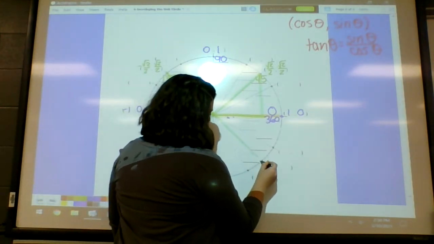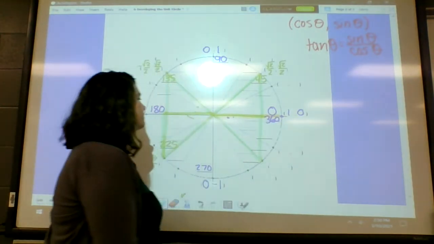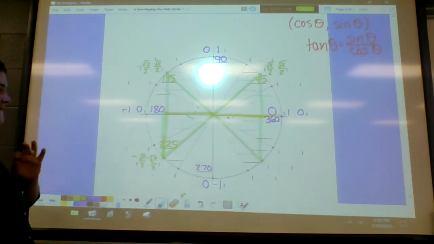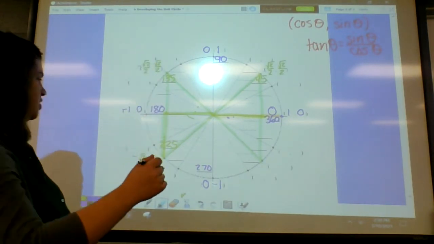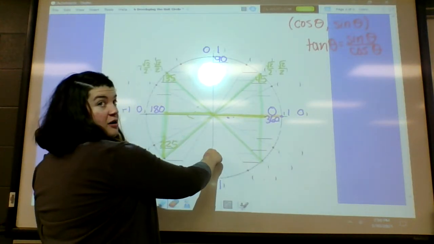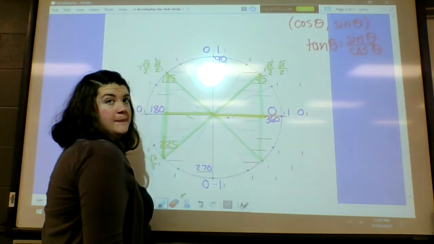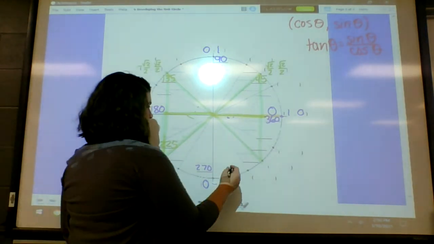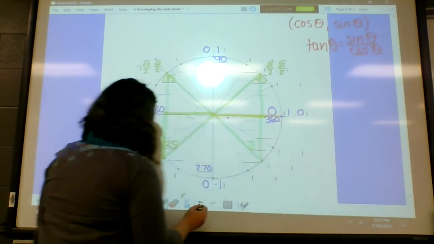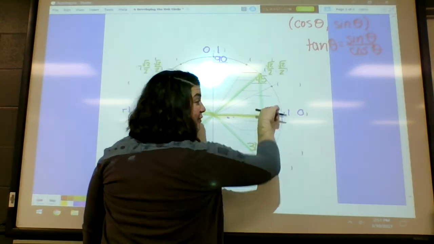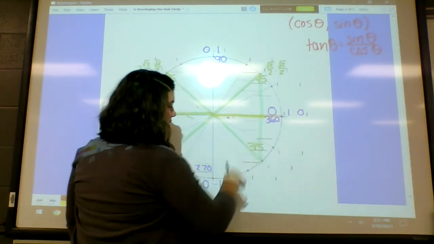All right, last 45. This guy right here. Angle measure? 270. This is 270. So you did 45 from there. You need to go 45 more. 315. You could also find this one by doing 360 minus 45.